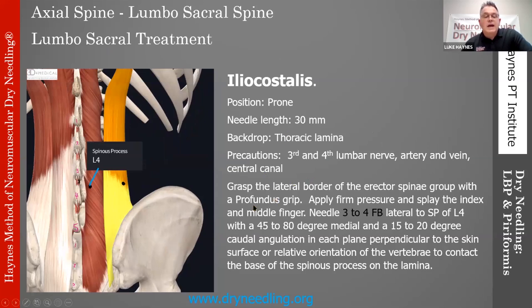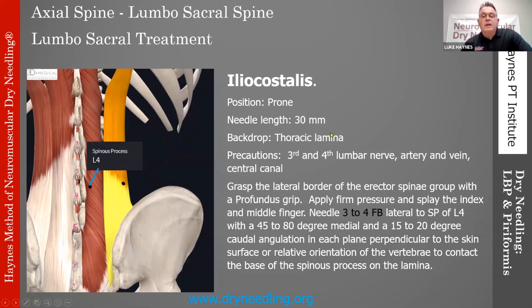For iliocostalis, we're going to grasp the lateral border, and we'll demonstrate that in the video of the iliocostalis, and then we will needle, and again, it's at L4, from the lateral aspect, almost lateral to medial, just a little bit, maybe 15 to 20 degree anterior angulation towards the table to make sure we get through the bulk of that tissue.